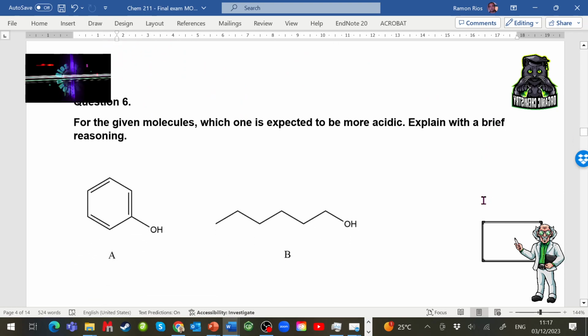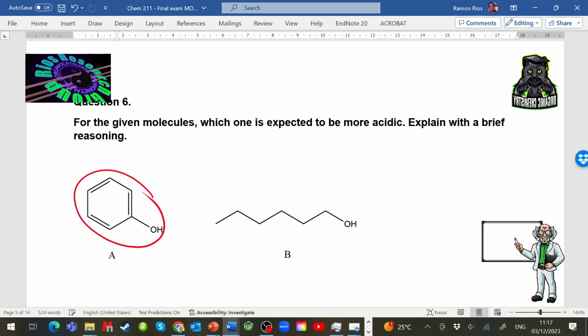Question 6. For the given molecules, which one is expected to be more acidic? Okay, again, we have in this case a phenol and an alcohol. And in this case, what we have to check is that when we have the phenol, we will put the acidic reaction, okay, the dissociation of the phenol.